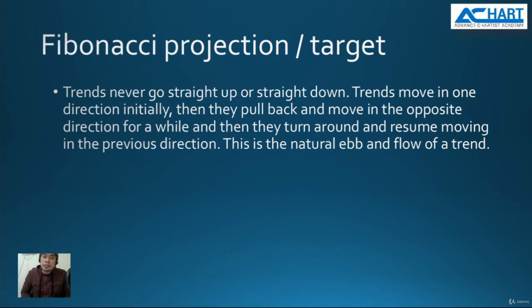Say the trend moves upwards, then it pulls back and moves in the opposite direction for a while, then turns around and resumes. By this natural ebb and flow of a trend, we can predict the subsequent lines of buyer by using Fibonacci projection.